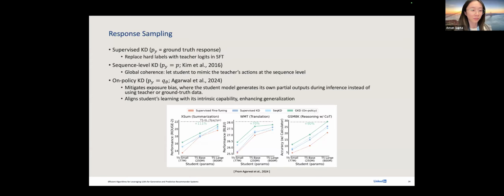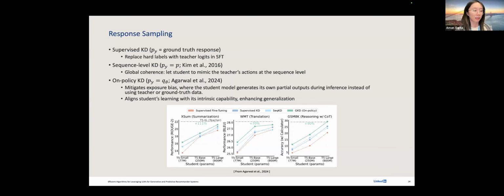And on-policy distillation is the latest one, and it instead draws a response from the student model currently being trained itself. This is very similar to how in reinforcement learning, you sample an episode with the current policy being trained in RL.